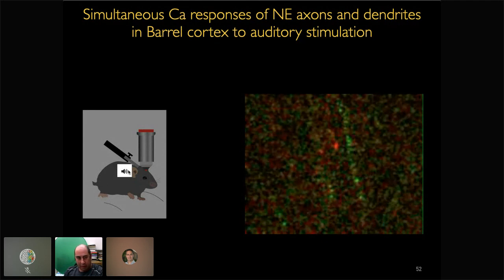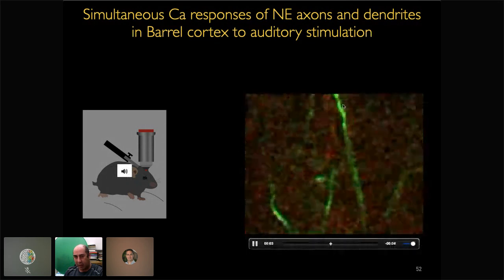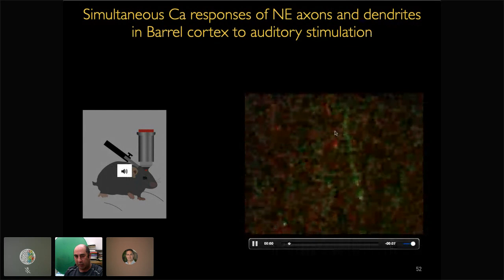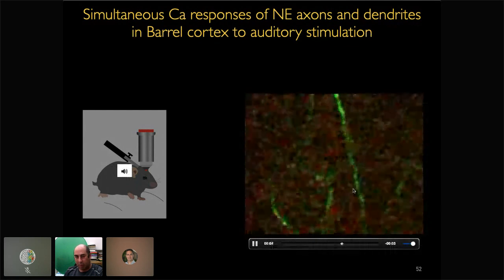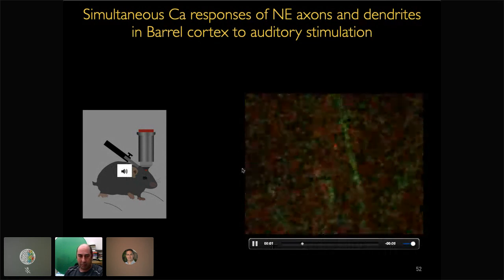And strangely enough, we stimulate the mouse with an auditory signal. Okay, and what we see, you'll see it in this movie, is that when the sound comes, the axons are activated, and then a little bit later the dendrites are also activated. So we get both the noradrenaline signal and the dendritic excitability.